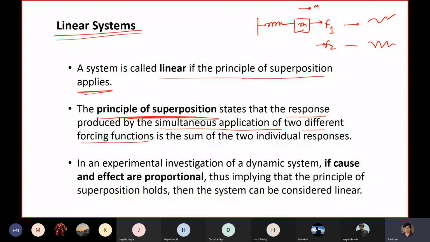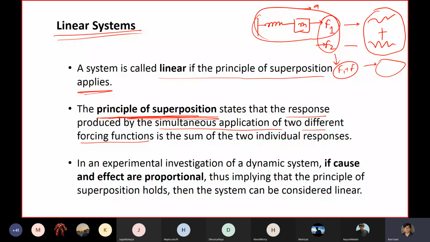Then if I add these two forces, f1 plus f2, it must give a response that is the algebraic sum of responses of the individual forces. Only this way is the principle of superposition valid, only when the system that you construct is a linear system.